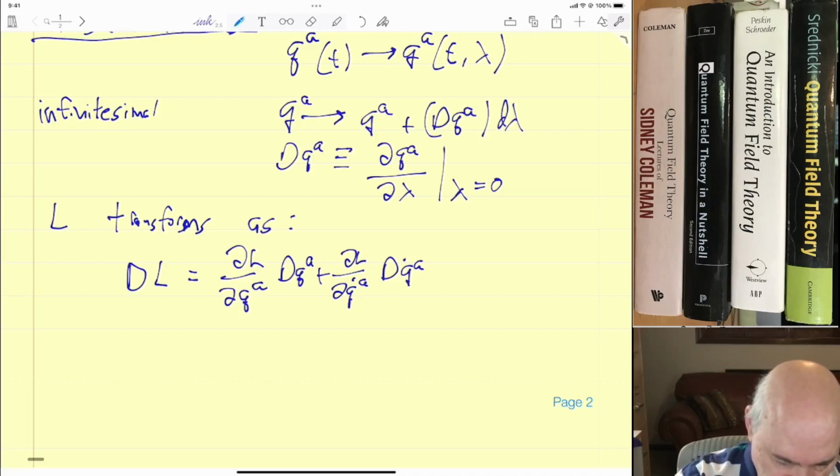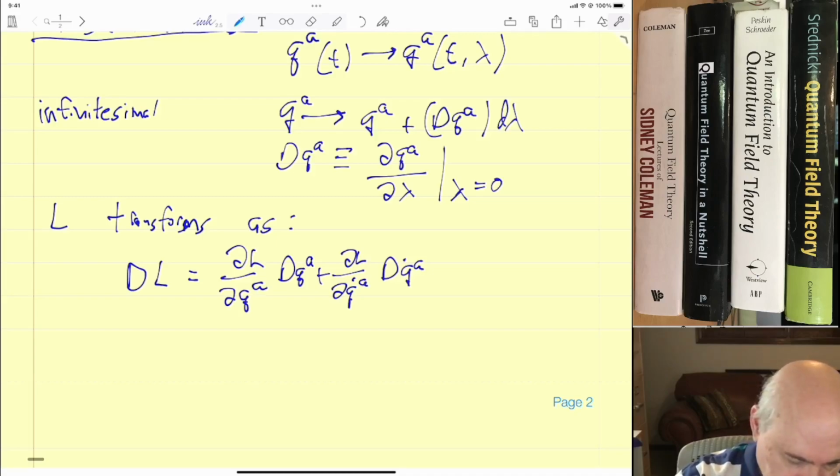Or maybe we're not. We're just finding the change in the Lagrangian under this symmetry transformation. So the Lagrangian may have time dependence, but it won't change under the symmetry, unless the q_A's, the coordinates, or the time itself changes.